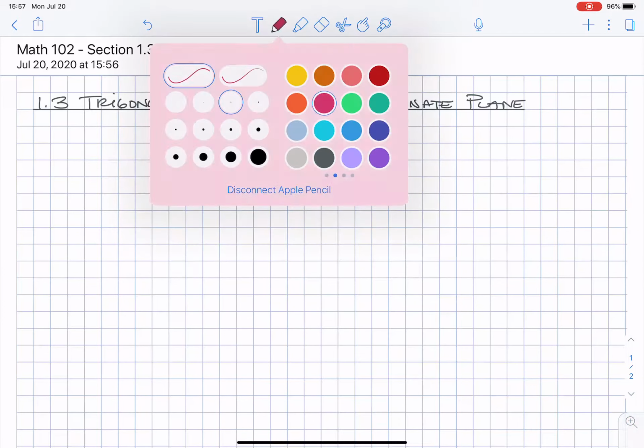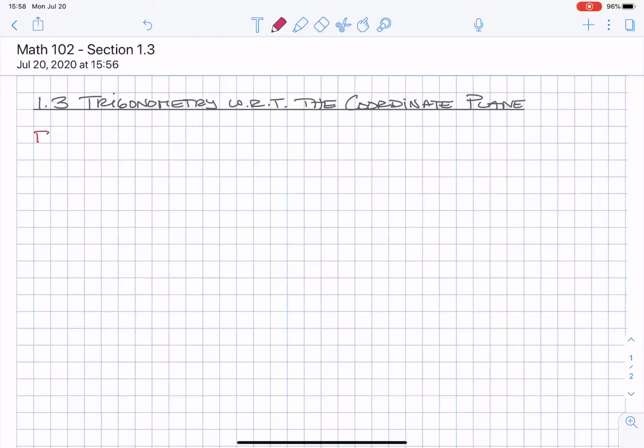Okay, so let's recall. The vertex, where was the vertex? The vertex is the point where the two rays of an angle met, right?